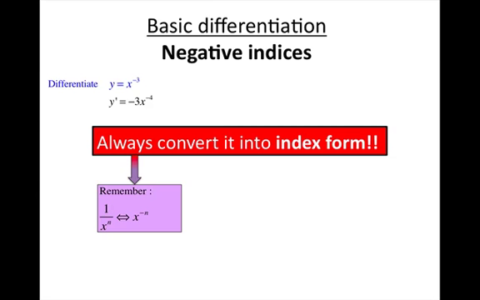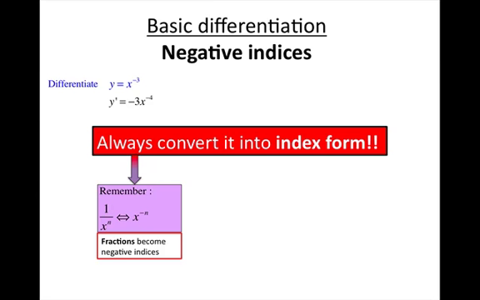Now I've just written it there in general form, 1 on x to the n, that could be any number, 1 on x cubed, 1 on x to the 5. Now what 1 on x to the n becomes is x to the negative n. That's index form. So if it's a fraction, you want to convert it into index form. Always, always, always. You can only differentiate when it's in index form. And so fractions, as you can see, become negative indices.